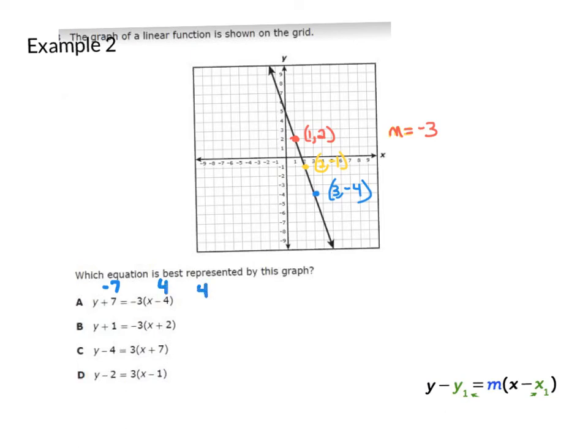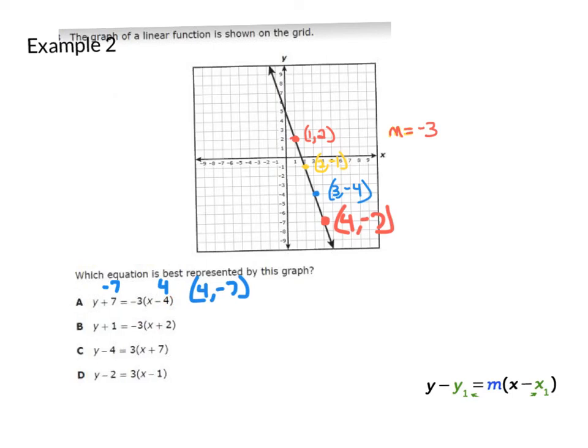So do we have a 4, -7 represented on this graph? Let's see. If we go over to 4 and we go down to -7, I do see a 4, -7 right here. So it's possible that that would be the answer, 4, -7. Because again, if we plug that into the point slope, y minus y1, that would be y plus 7, okay? And the slope, and then x minus x1 is 4.